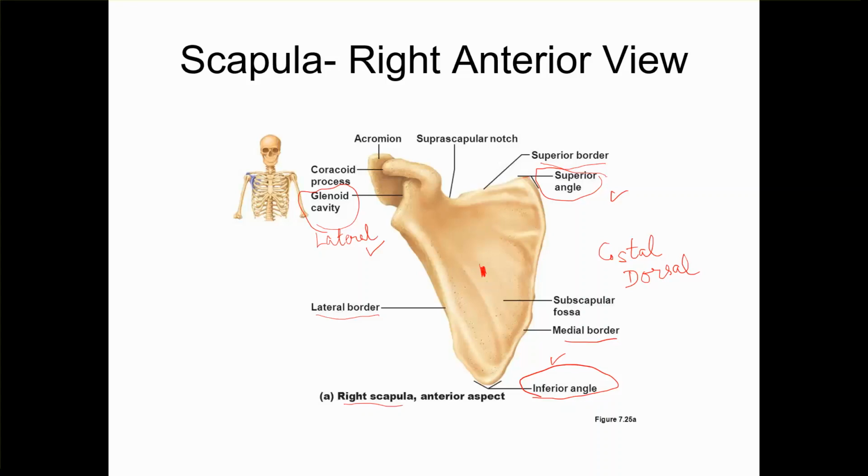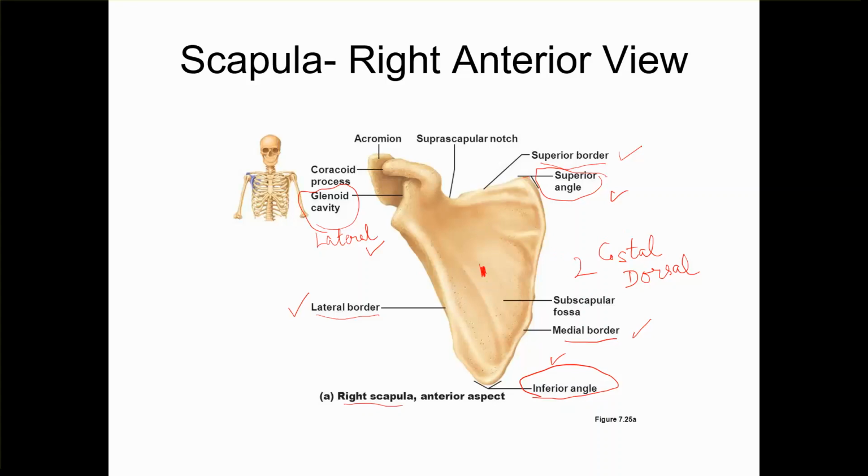So let me quickly go through. There are 3 borders: the superior border, the medial border, and the lateral border. There were 3 angles: superior angle, inferior angle, and laterally the glenoid cavity. There are 2 surfaces: costal surface and dorsal surface. There are 3 processes. What are the names?